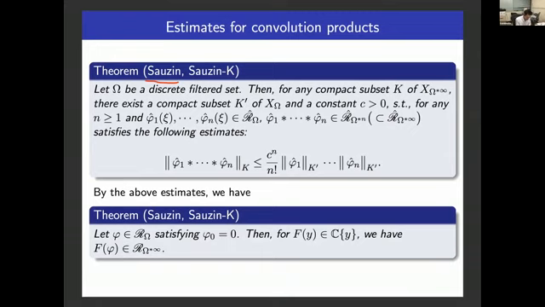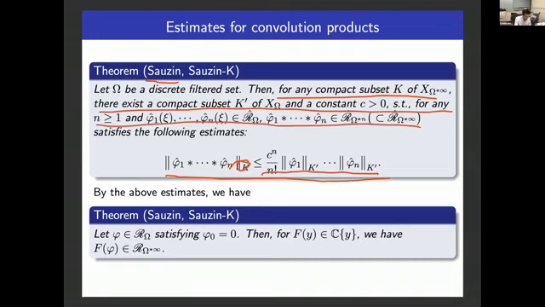We have the following estimate for the convolution product φ̂1 ⋆ ⋯ ⋆ φ̂n: the supremum on the compact set K is estimated by this one. An important point here is the order of the statements here and here.